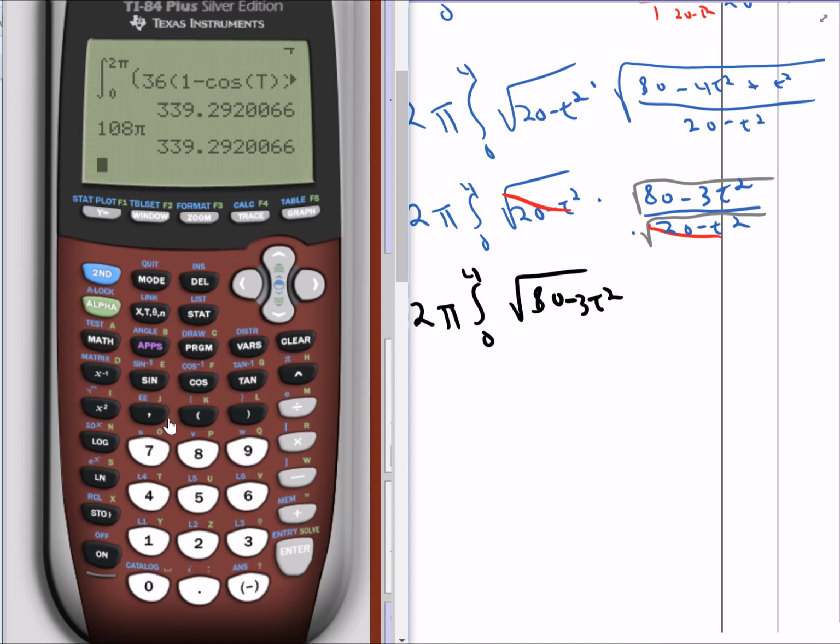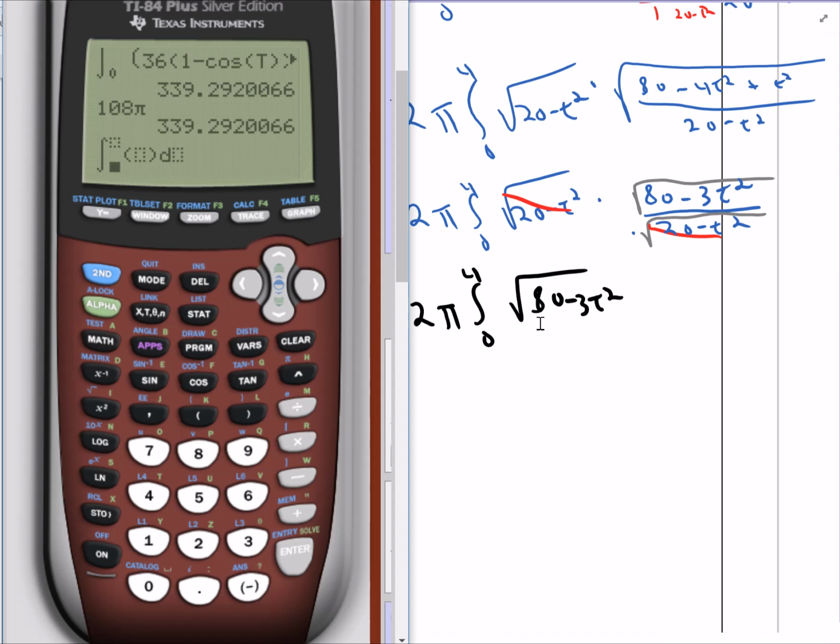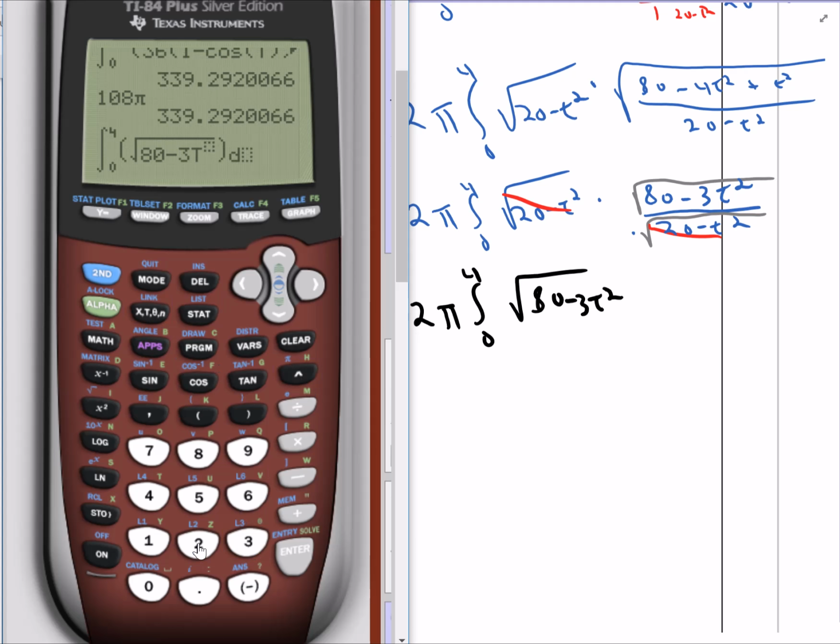So I guess now we're going to put this in our calculator after all that work. It's because there's not really any way to integrate that piece as it is, but at least it's a lot simpler to put on our calculator now. Square root of 80 minus 3t squared.